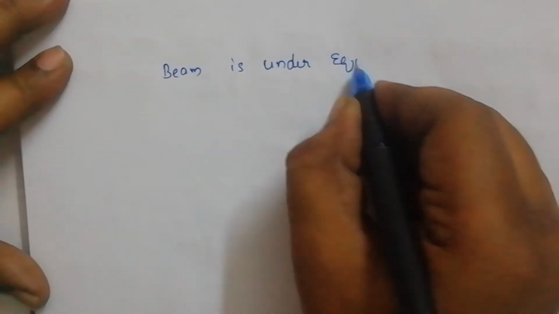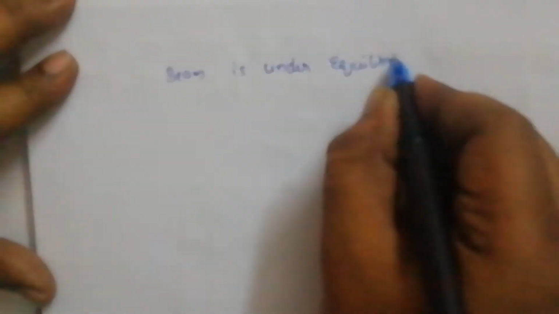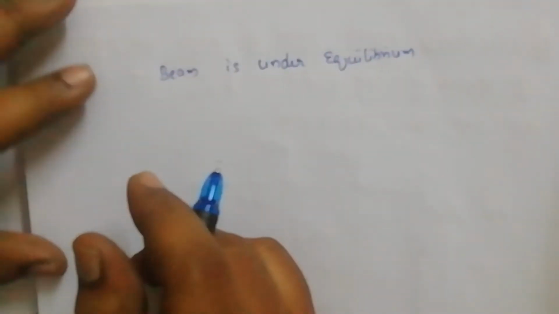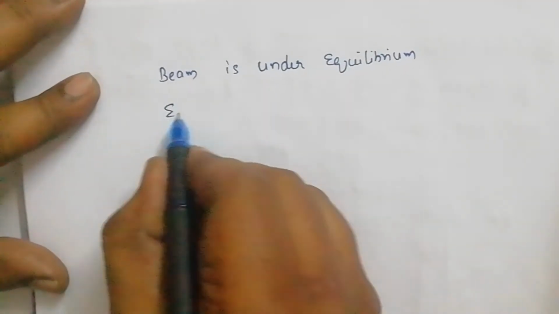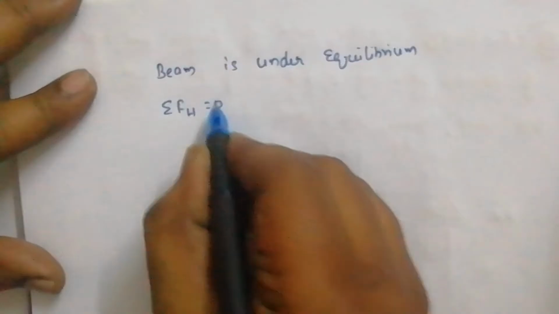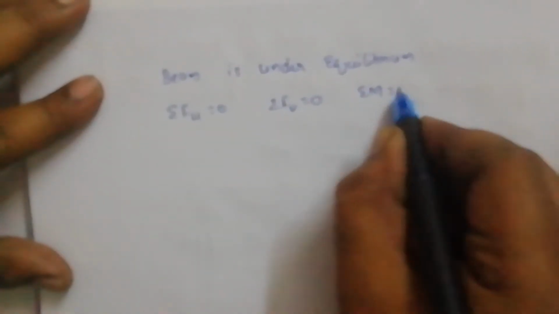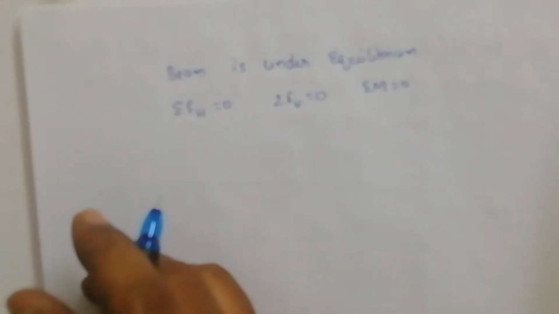So we have to take three conditions: summation of horizontal force is 0, summation of vertical force is 0, summation of moment is equal to 0.